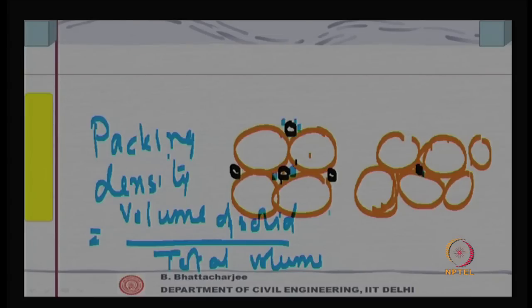Packing density is volume of solid by total volume, and this packing density increases with larger size distribution. Packing density increases with larger size distribution, and this is what we will look into in the next class, the issue of packing density, how particle packs. We have seen that how shape governs.